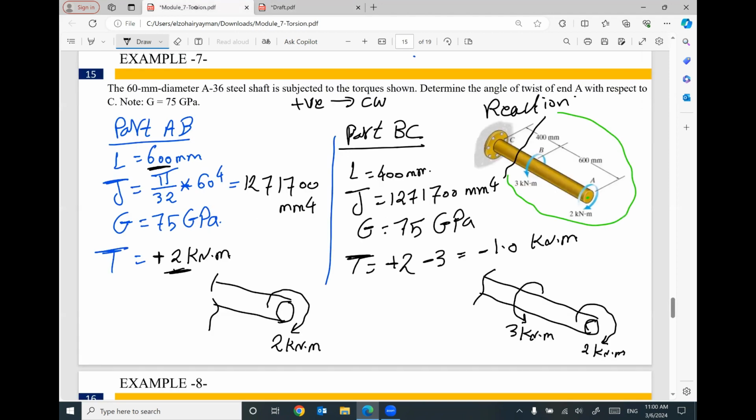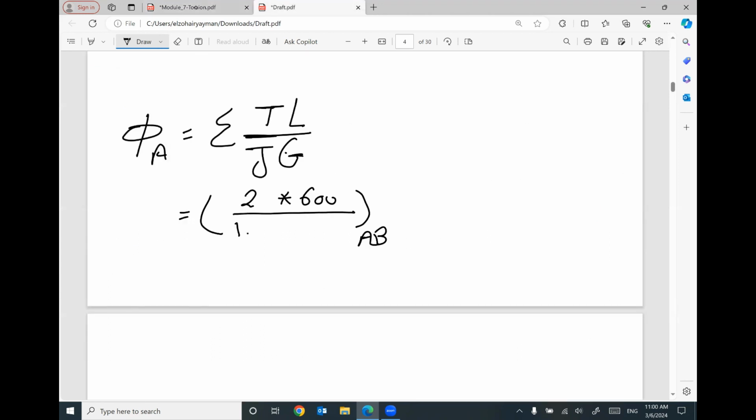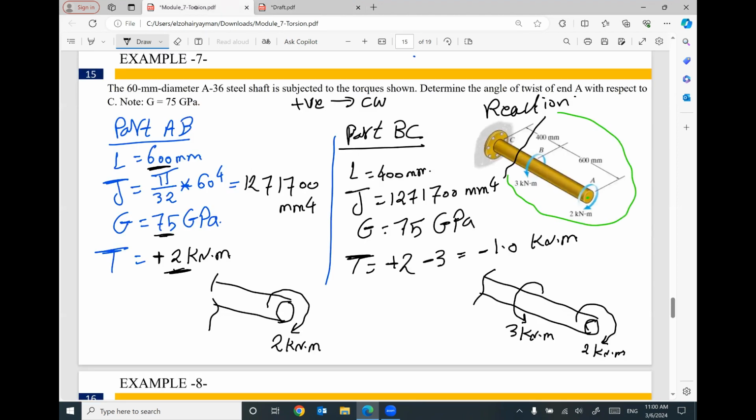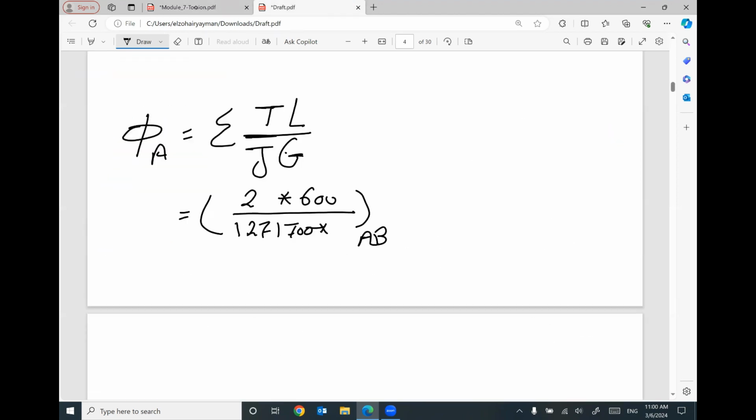The value of J for this part, 1,271,700, times the value of G, which is 75, plus part BC, the applied torque is -1.